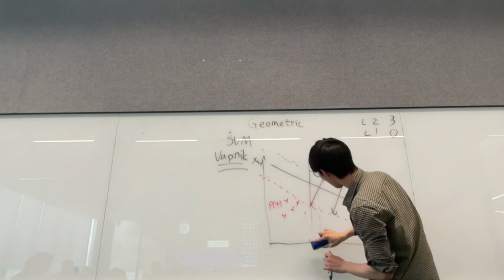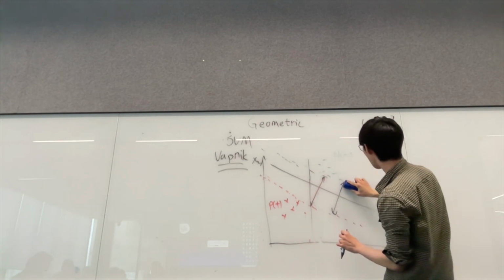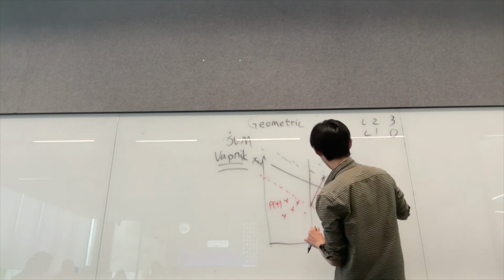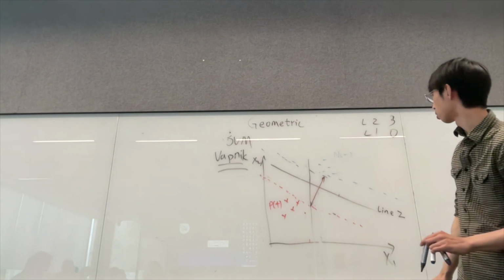Let me remove line 1. We only focus on line 2 to figure out how we can mathematically find line 2. Then we finish. Okay, that's it, clear.